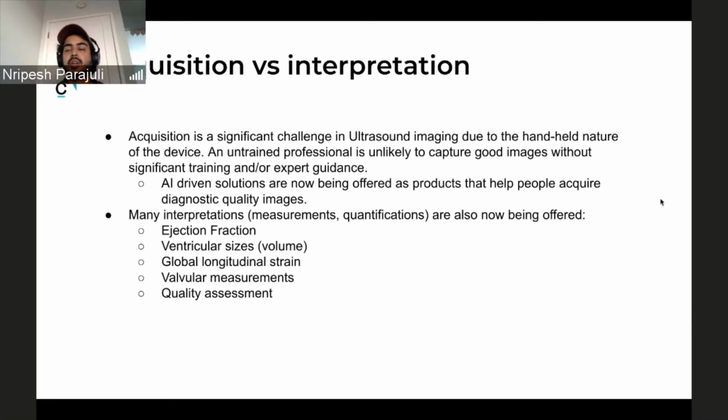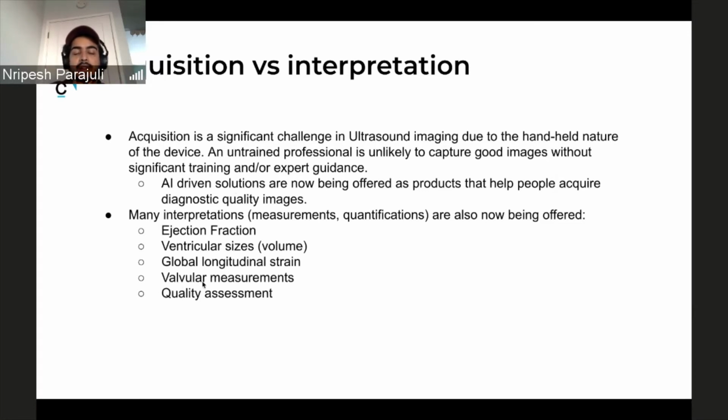When you're selling a product, say one that calculates ejection fraction, you might have a nice algorithm, but if people are feeding junk images to it, you're allowing your product to fail. That's why you want your product to also produce good images, so that even a cool prediction algorithm benefits from good images.